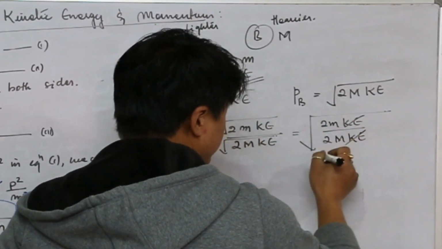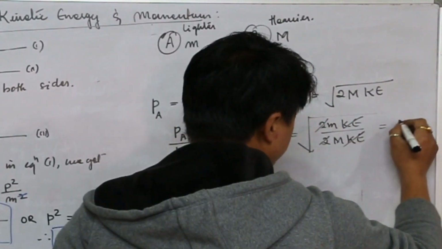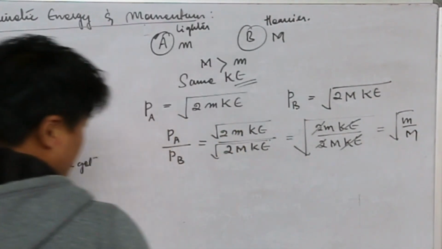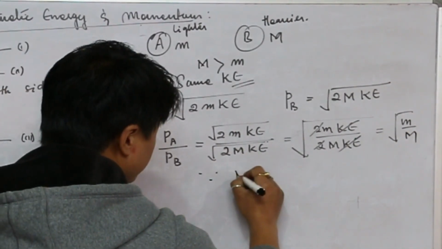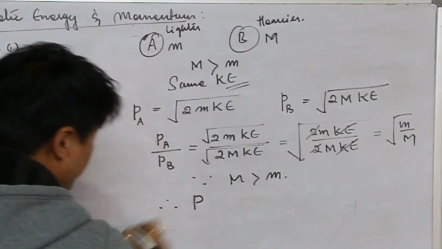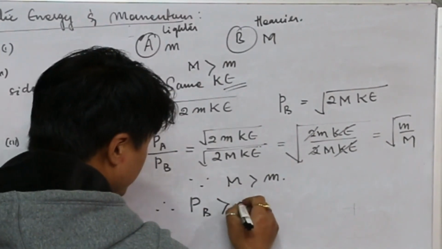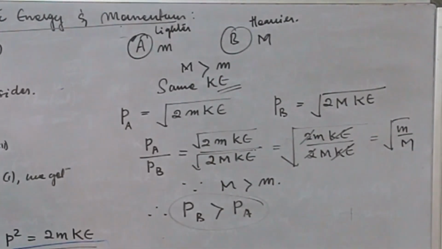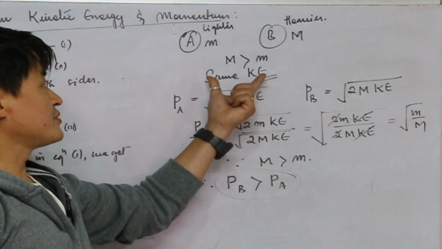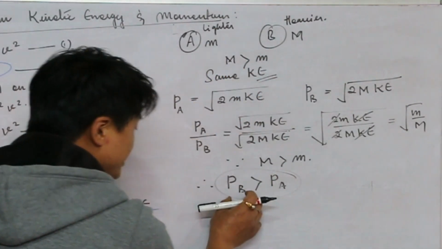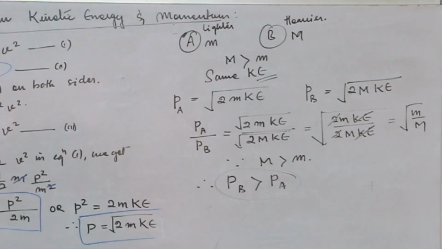The kinetic energy cancels, 2 will get cancelled, remaining will be root under m divided by root under capital M. Since M is greater than m, therefore momentum of B will be greater than momentum of A. So from here we got to know that if two bodies of different mass have the same kinetic energy, then the momentum of the heavier body will be greater than that of the lighter body.